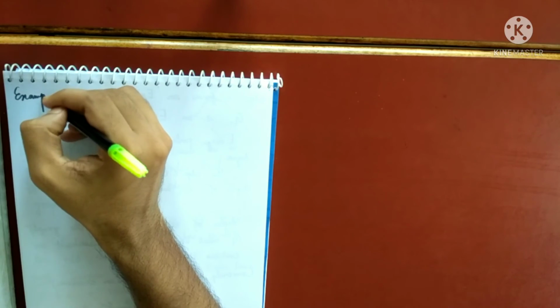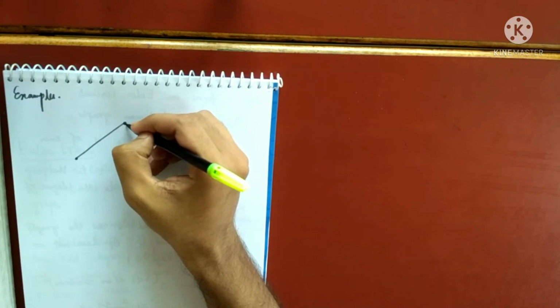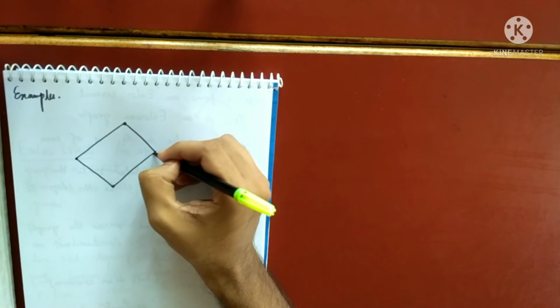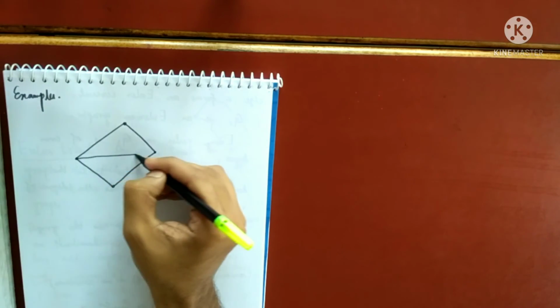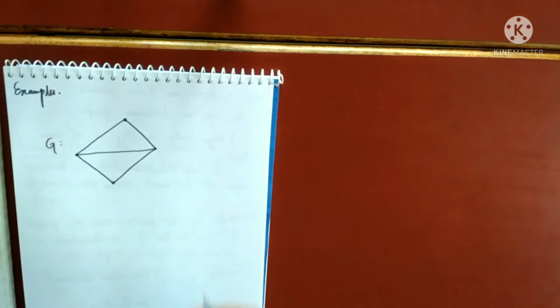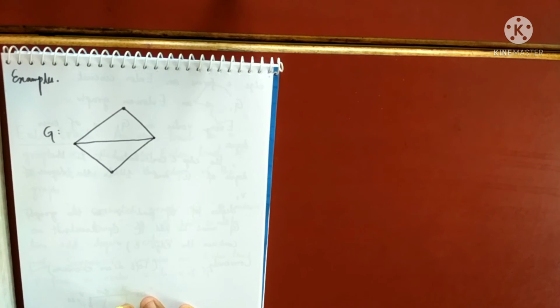Examples. So call this graph G. Rajkamal, is this graph an Eulerian graph?